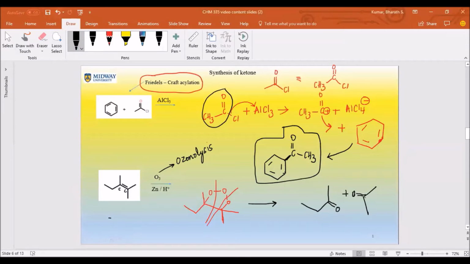Now let's say I give you this. Let me step back. If the same compound is missing this, plus ozonolysis, the same thing, this will not result in a ketone. It will result in an aldehyde. You don't believe me?